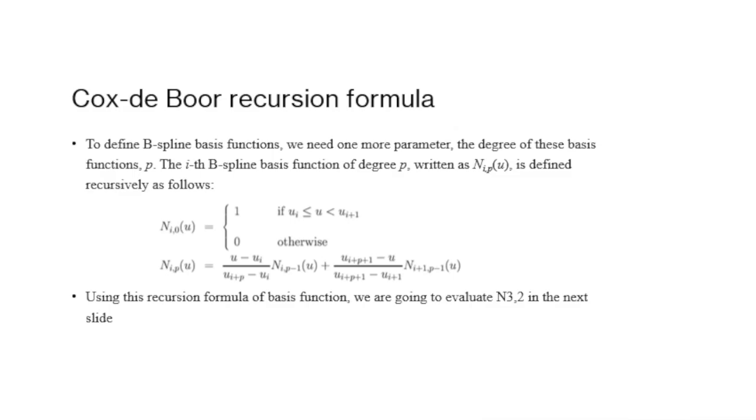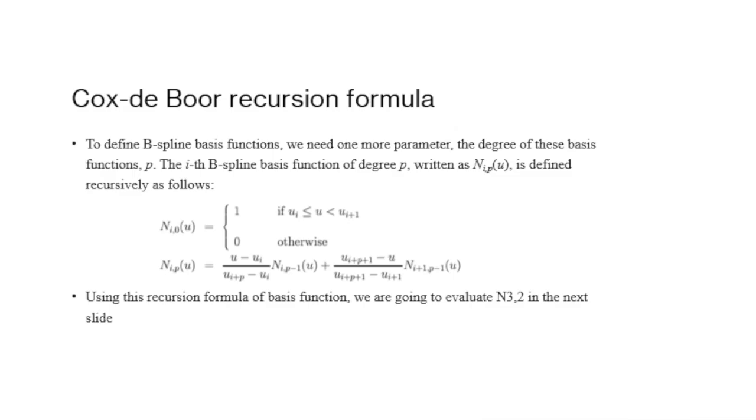Note that since some ui may be equal, some knot spans may not exist. If a knot ui appears k times, where k is greater than 1, then ui is a multiple knot of multiplicity k. Otherwise, if ui appears only once, it is a simple knot.